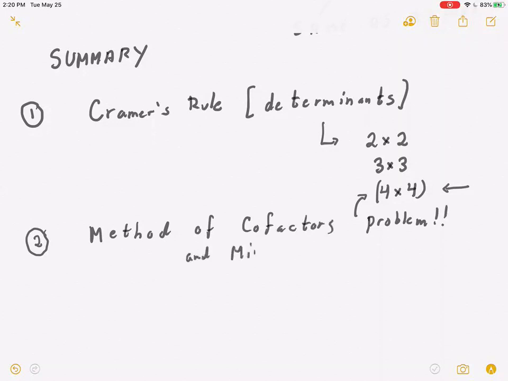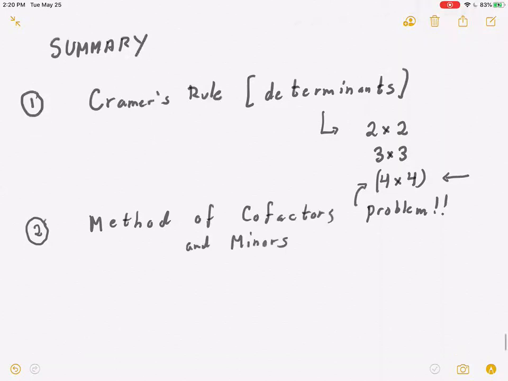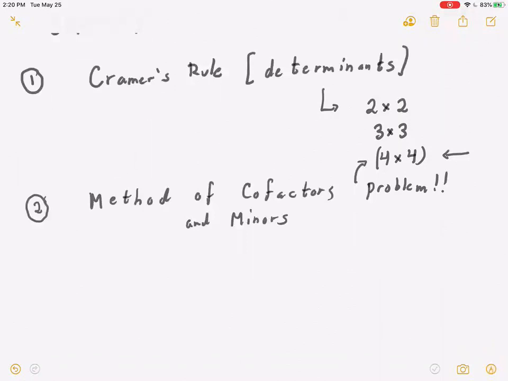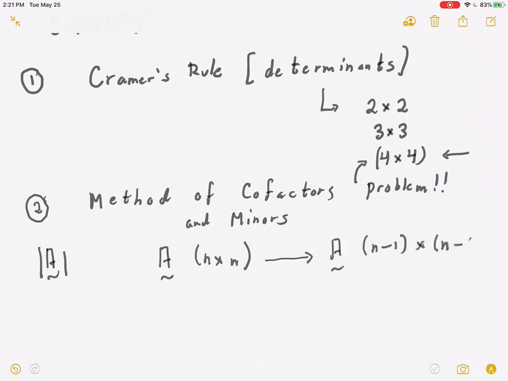And in the problems that we have in lecture, we have gone over some examples. The beautiful thing about the method of cofactors and minors is that it replaces the problem. In order to find the determinant of a coefficient matrix A, where you have the general case of n rows and n columns, it reduces the problem to just looking at a system that has n minus 1 rows and n minus 1 columns.